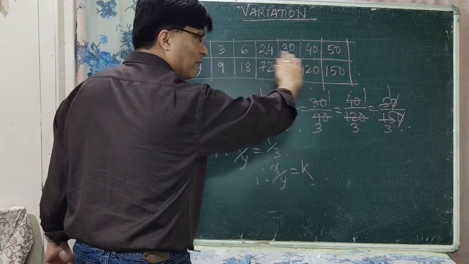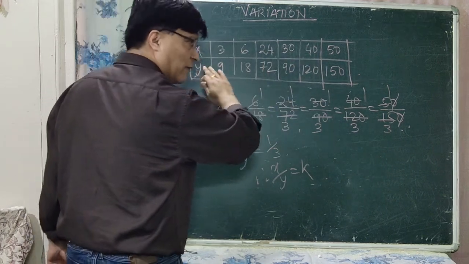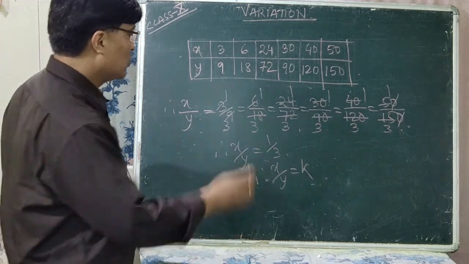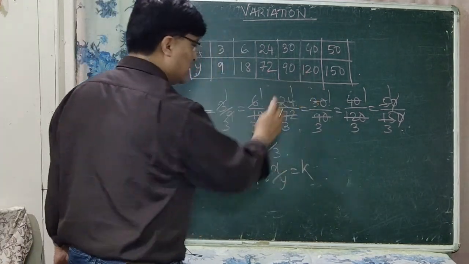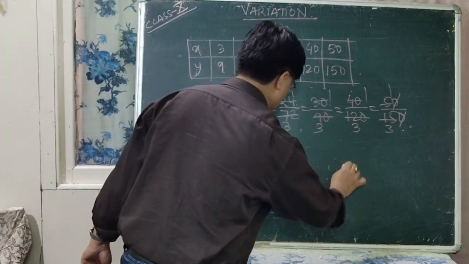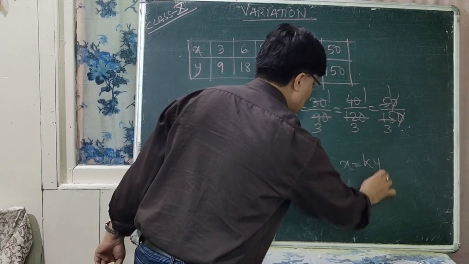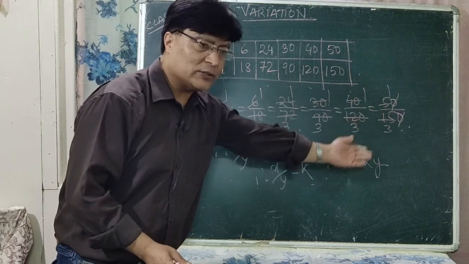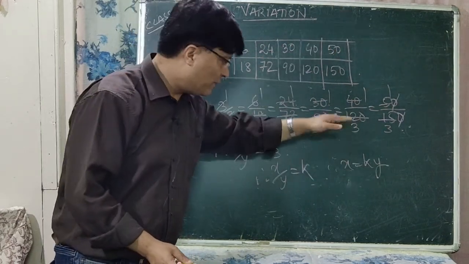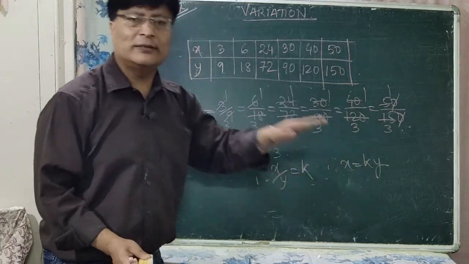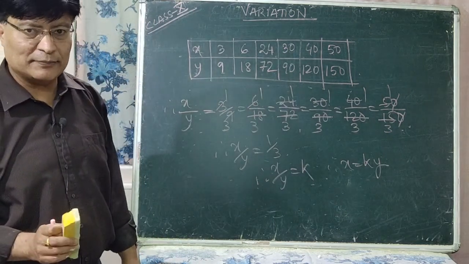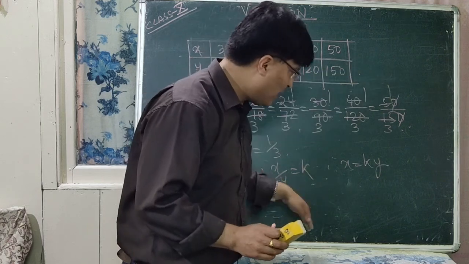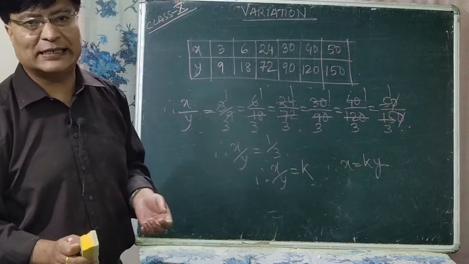In that case, the value of x will decrease, also the value of y will decrease. Okay, so in this case, you can cross multiply it, that is x is equal to k into y. So now in this case, if x increases, y also increases. If x decreases, y also decreases. Is that clear? If x increases, then y also increases. If x decreases, then y also decreases.